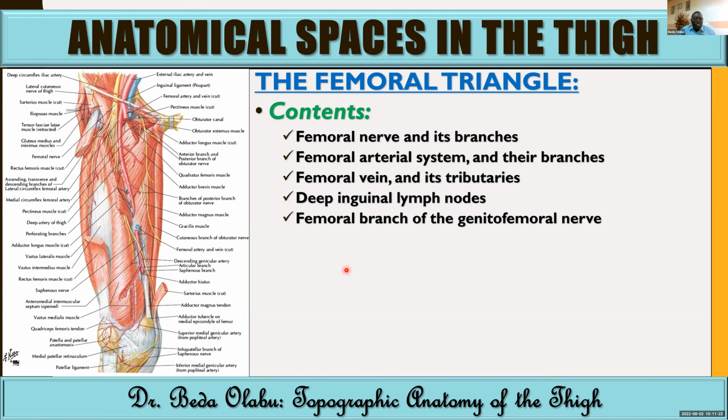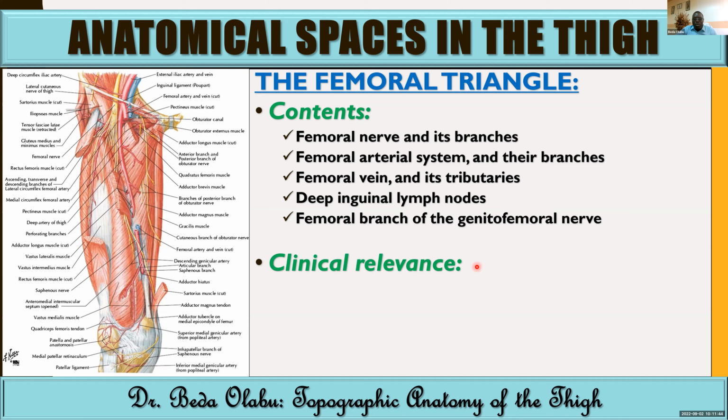We have the femoral branch of the genitofemoral nerve. It's a small nerve that runs with the femoral artery and supplies the skin over the femoral triangle. So it's partly contained within that particular space.